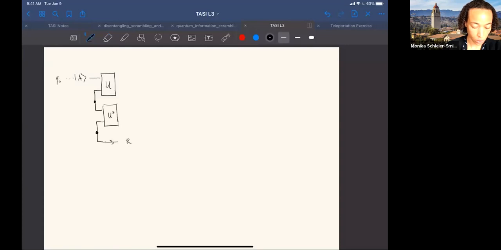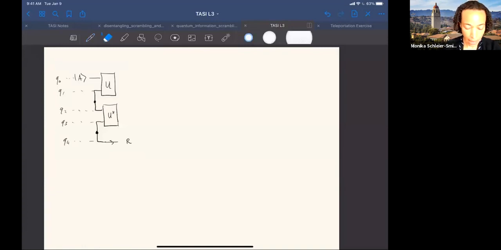Let's call this Q0. This one is qubit 1, qubit 2, qubit 3, and qubit 4. Okay, so this is just Alice's black hole and Bob's black hole.